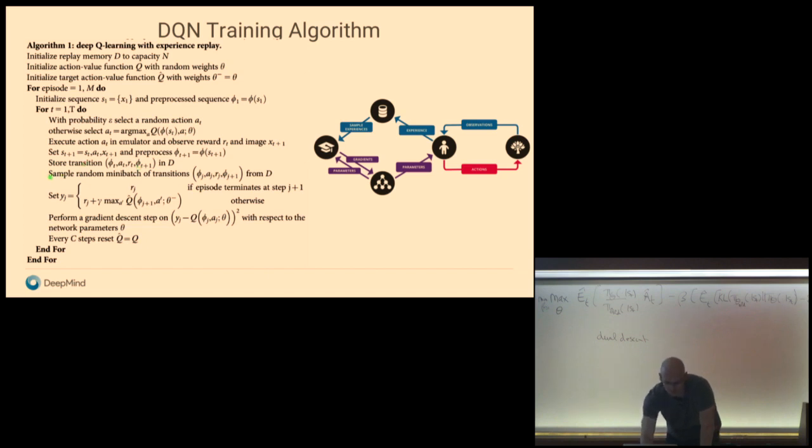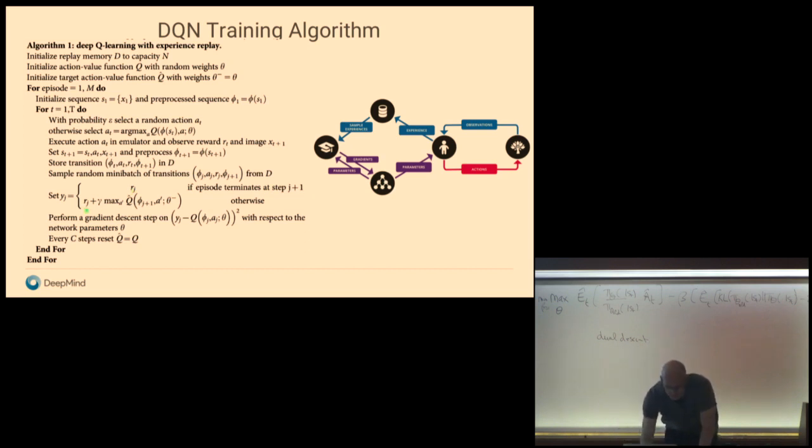Then we do some learning. We go to our replay buffer. We take a bunch of those transitions, and we're going to learn from them. For each transition, we compute the target value, which in the DQN paper they call Y. So for each experience, we compute a target value. If the episode terminated at that time, just look at the instantaneous reward.